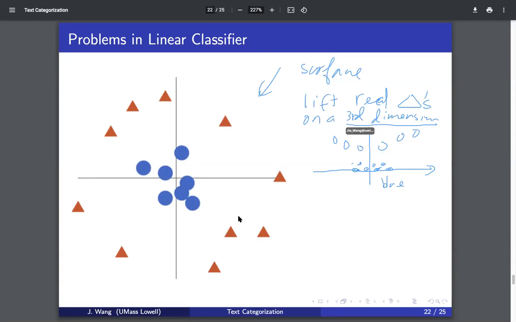Then of course you can see I can separate them using Z equal to some constant. So this is a linear separation. Once you are able to somehow lift them up, making this lifting happen is called the kernel trick.